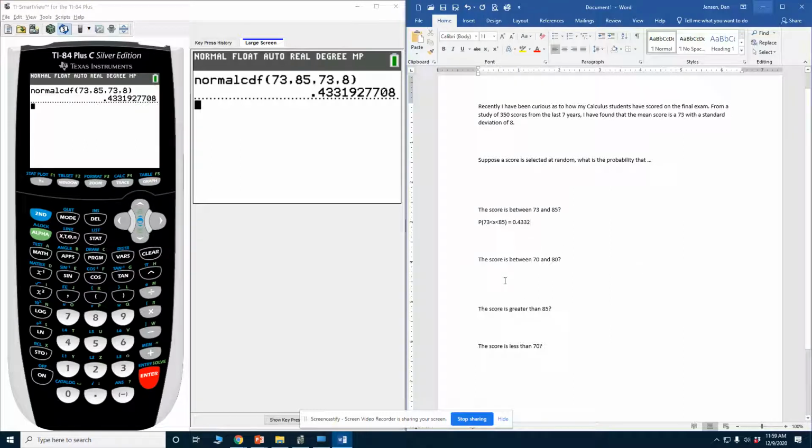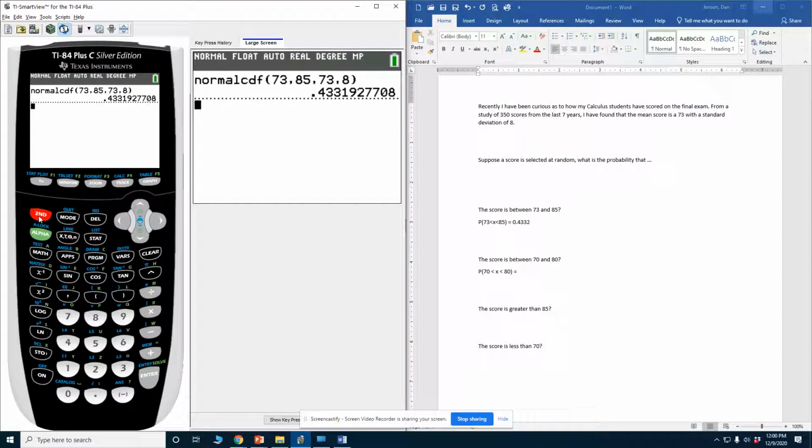Okay, so for the next one, what's the probability that X is between 70 and 80? I'm going to do that problem the same way. Okay, I'm going to go back to the same place.